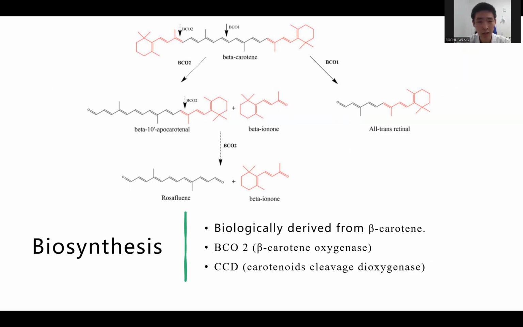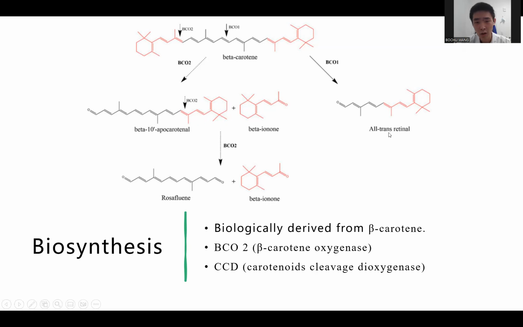So it works kind of similar to the biological pathway for getting vitamin A. To get vitamin A from beta carotene, it is from another enzyme called BCO1.